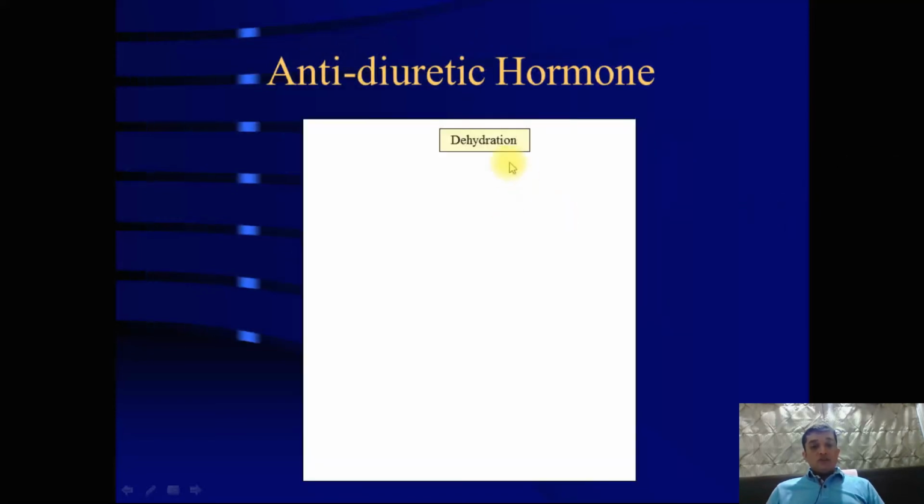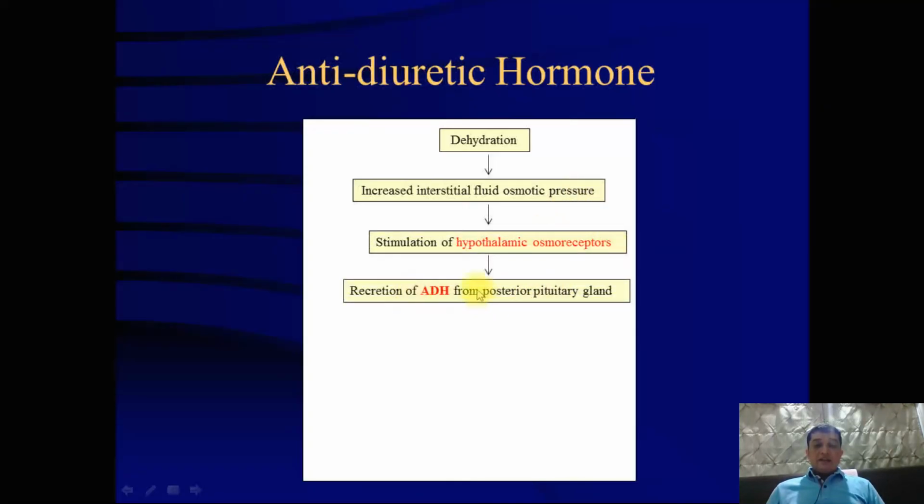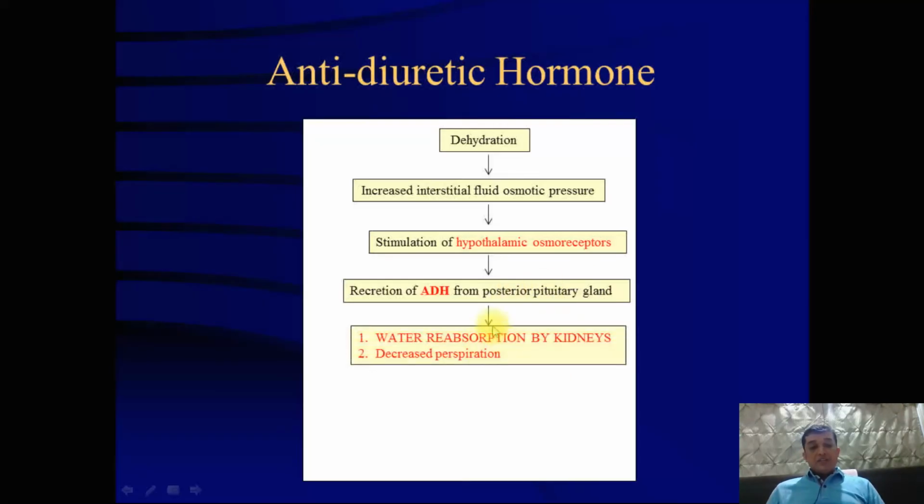Okay, fine. So this is dehydration, increased interstitial fluid osmotic pressure, hypertonicity. So there will be stimulation of osmoreceptors, and then because of that, secretion. There is a spelling mistake here, it has to be S. So secretion of ADH from the posterior pituitary gland. This will lead to two things: decrease the perspiration and increase the water reabsorption.